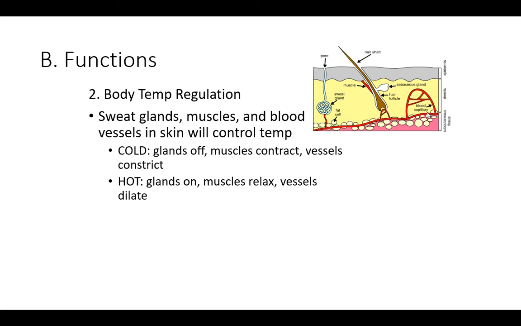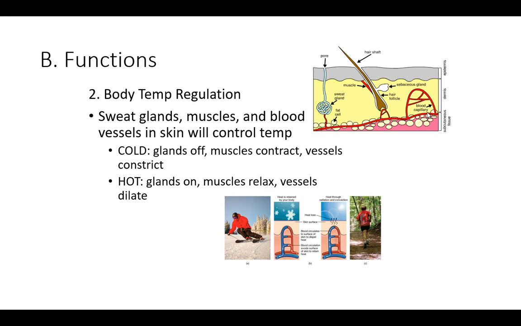It's also why when you get hot, you flush, your face turns red. That vasodilation is bringing blood to the surface of your skin. It looks one way to us, but really functionally, it's attempting to make us cooler, to cool us down.